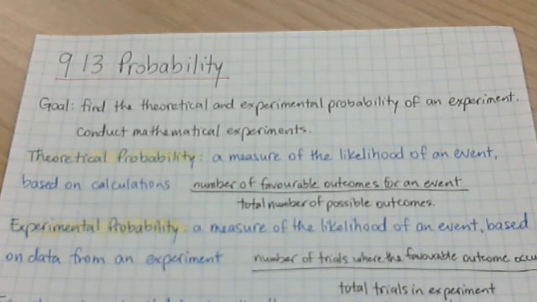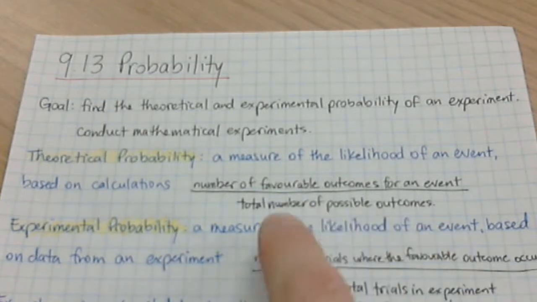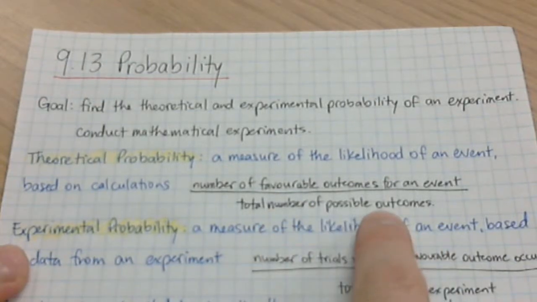Theoretical probability, the technical definition, is a measure of the likelihood of an event based on calculations. You remember yesterday that we talked about rolling a die and tossing a coin, and what are all the possible outcomes? We noticed that there were 12 total outcomes.